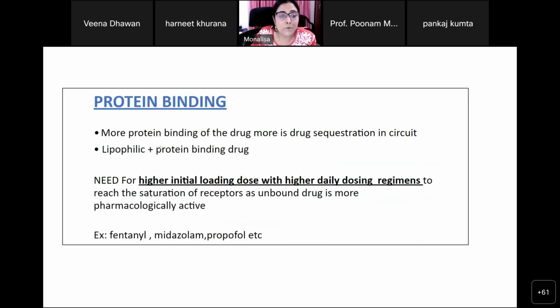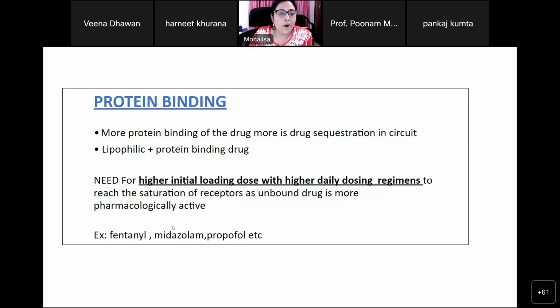Next slide. Protein binding. The more protein bound the drug is, the more likely it is to be sequestered by the circuit. So the two factors which are most important to decide the sequestration by the ECMO circuit are lipophilicity and protein binding. Very important for your Viva also in your DNB exam. So please remember, these two are the most important points. So there is a need for a higher initial loading dose with a higher daily dosing regimen to reach the saturation of the receptors, as the unbound drug is the more pharmacologically active portion of the drug.